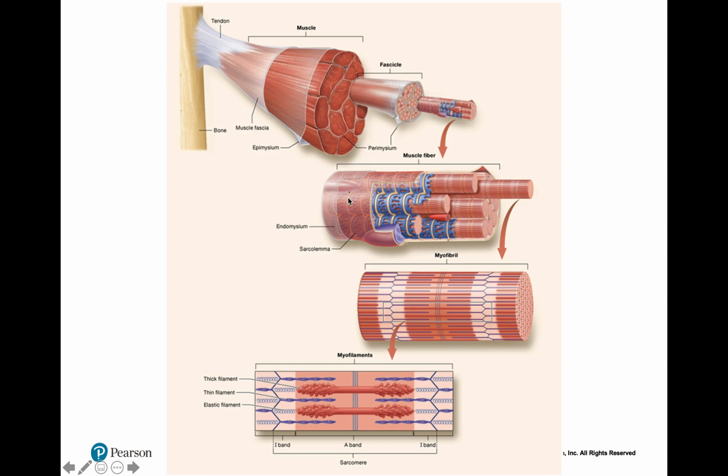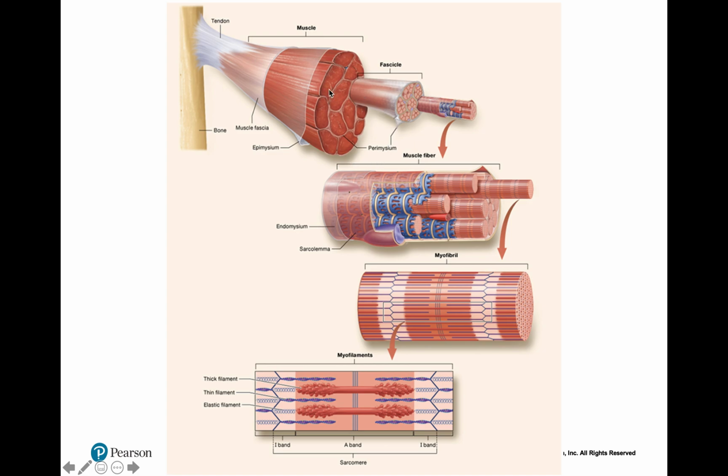It also helps somewhat compartmentalize parts of the skeletal muscle so that if there's damage to one area, it's kind of compartmentalized to that area. And it also helps with transferring force from muscle cell to muscle cell.